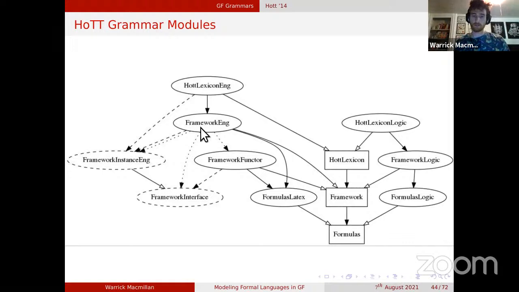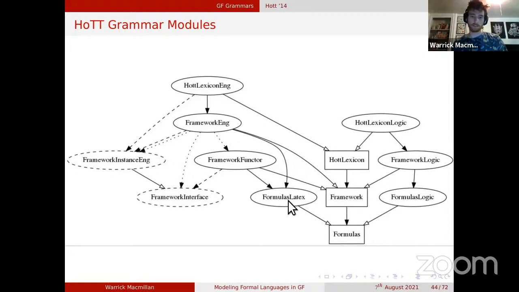So this is the library structure. These are the abstract sides. You have a lexicon on top of a framework on top of a set of formulas. In some sense, this is where the logic grammar lies. This is where a lot of the syntactic nuance as well as the document structure and LaTeX lie.